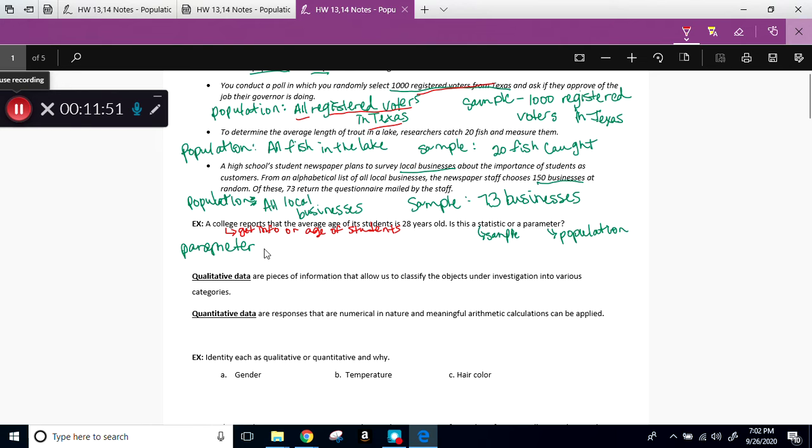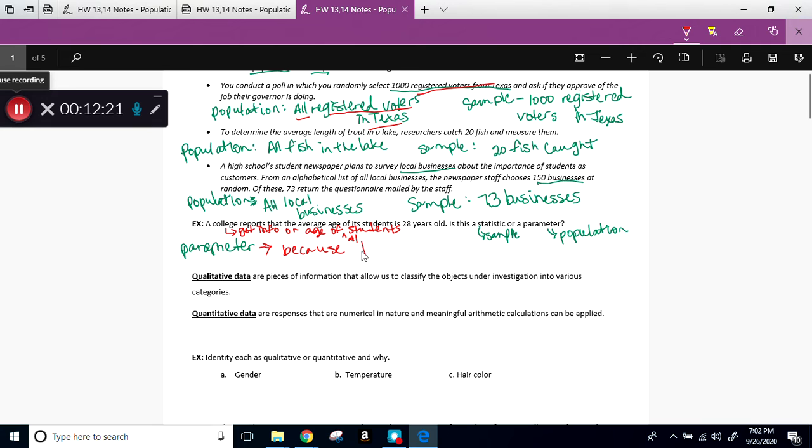So the parameter goes with the population, and since they can get the information on the age of all the students, that's why we're saying parameter. If they ask you why, and usually on a test we may say, well, why?